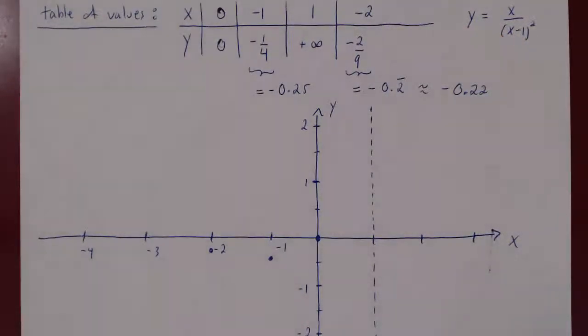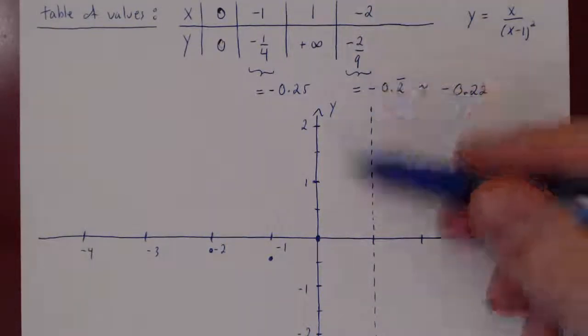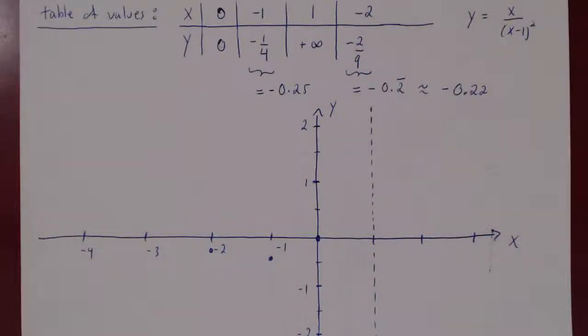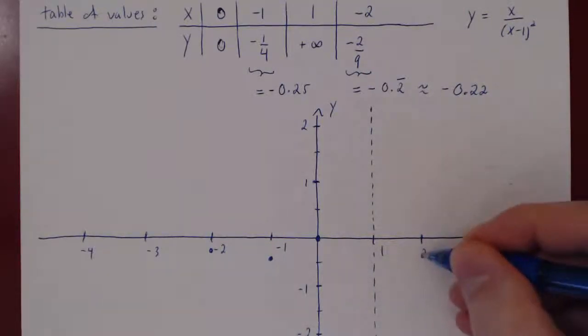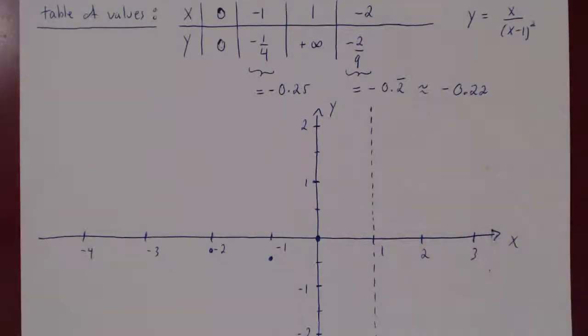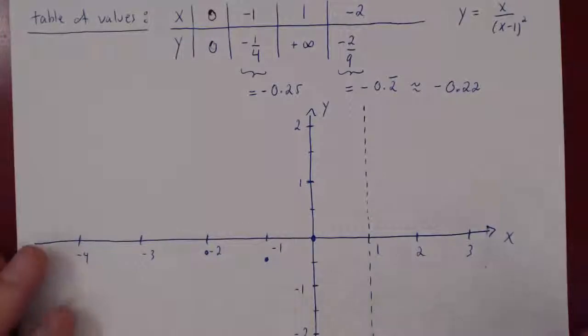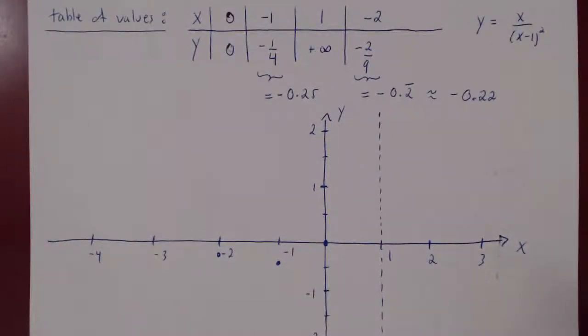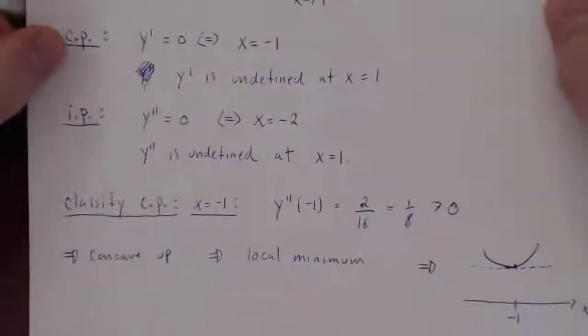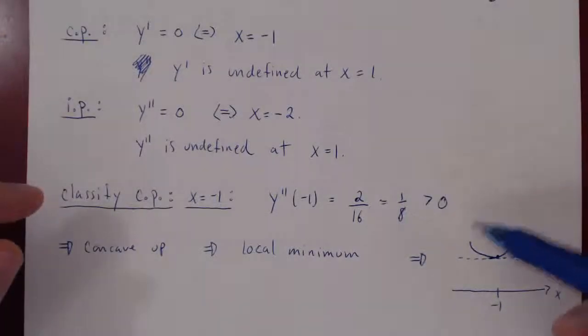Now, as always, we figure out what the curve looks like around our critical points. The first one being the vertical asymptote. The other one being x equals -1. And we knew, if you remember, that at -1 we had a local minimum.